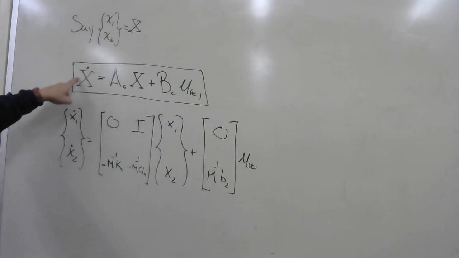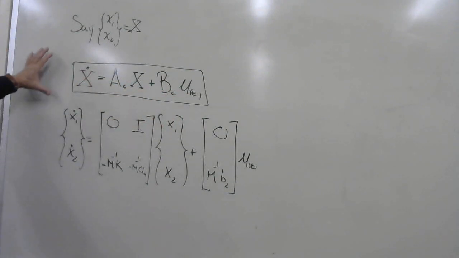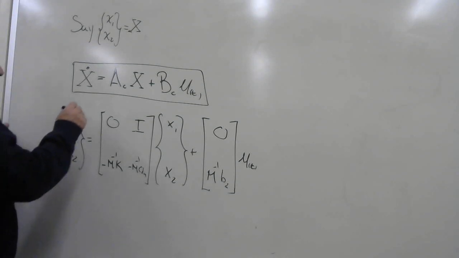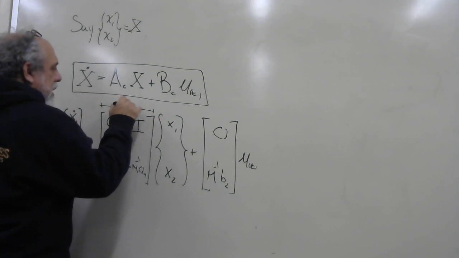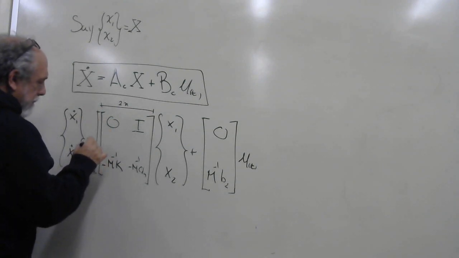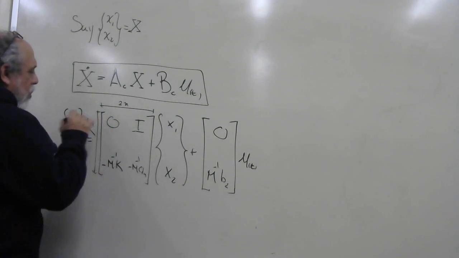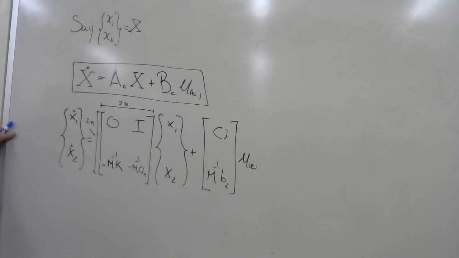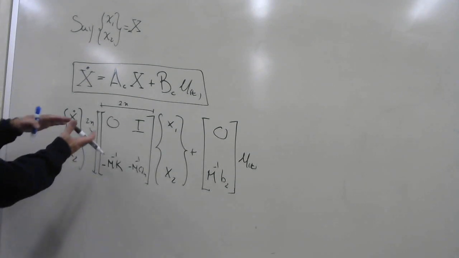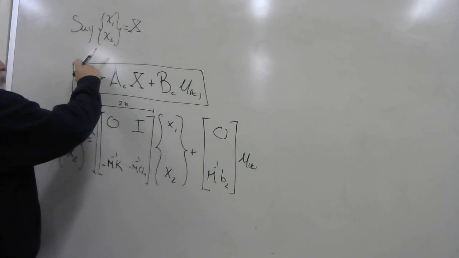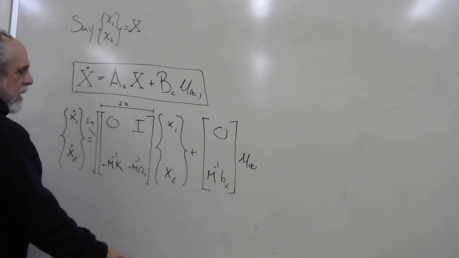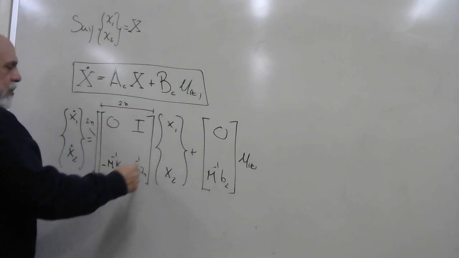Because this is just first derivative equals something, at the expense that the matrix A is twice the size, because this is 2n by 2n. So at the expense of doubling the number of equations, we have reduced the derivatives from 2 to 1.